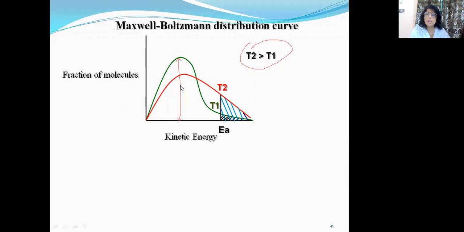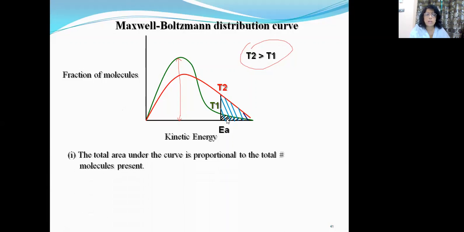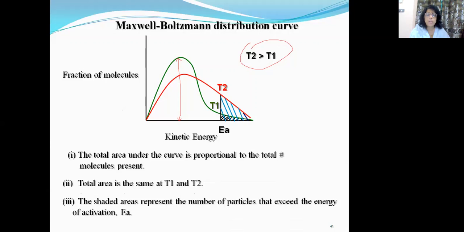This peak indicates the kinetic energy and this indicates the activation energy. What information do we get from this curve? The total area under the curve is proportional to the number of molecules present. The total area is the same at T1 and T2. The shaded areas represent the number of particles that exceed the energy of activation, that is Ea.